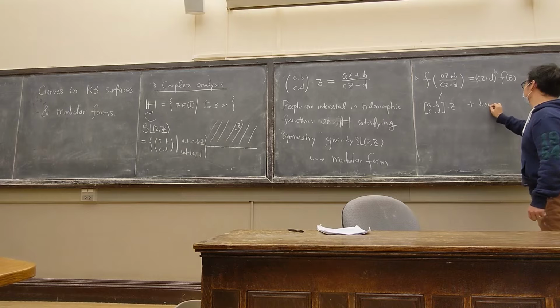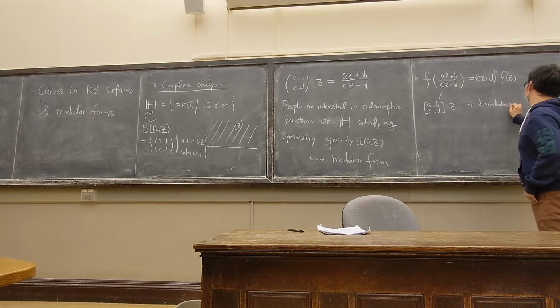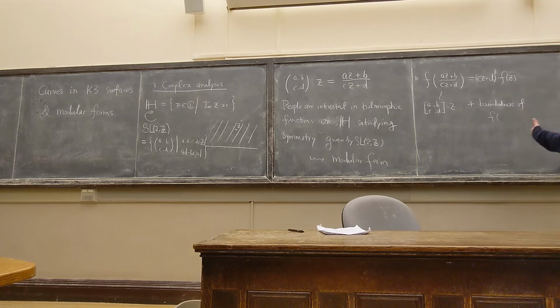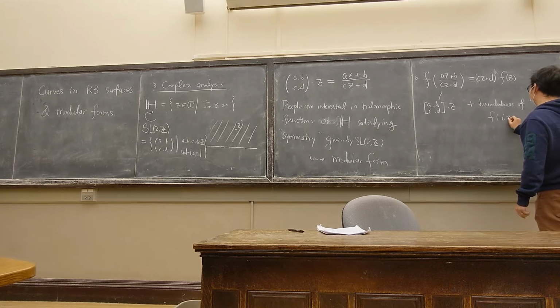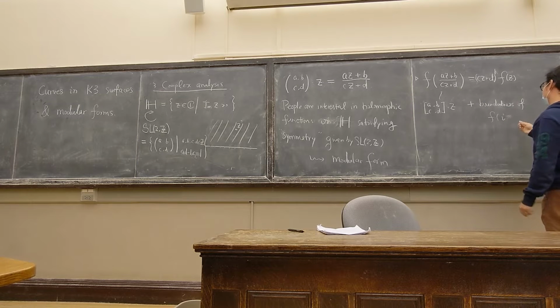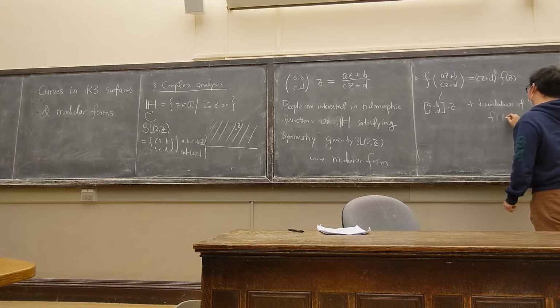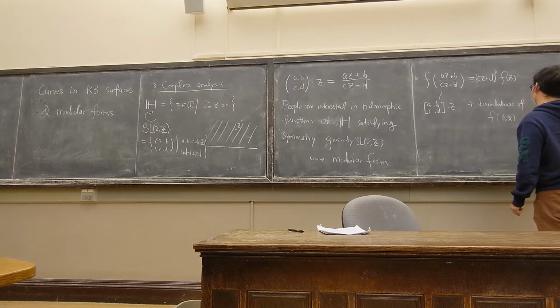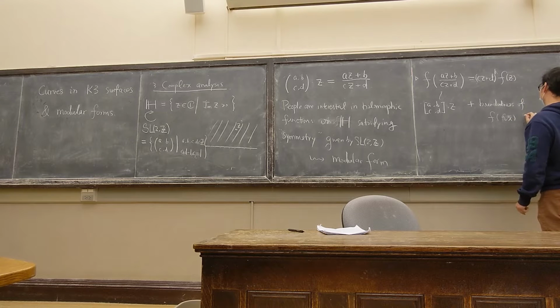And also you require some control, plus some technical condition, namely the boundedness of f(z). So you just force yourself to consider functions that stay bounded when z goes like ix, when x goes to infinity.